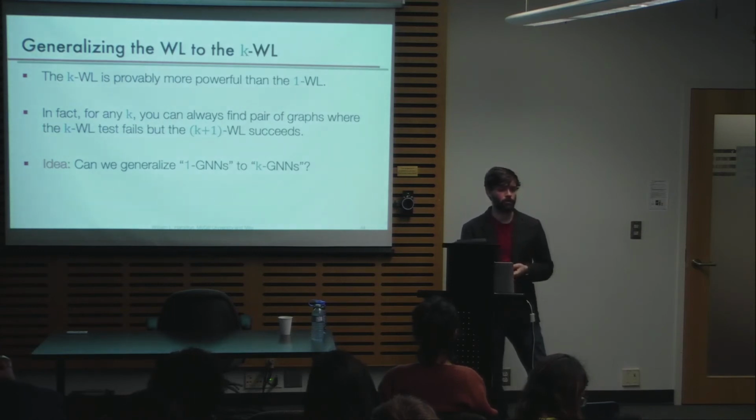With the WL test, you can connect this to logic as well, because certain subsets of first-order logic are closely related to the WL test. There's actually an ICLR submission right now on analogous proofs of expressiveness with respect to logic, as well as dynamic programming, by Stephanie's group at MIT.